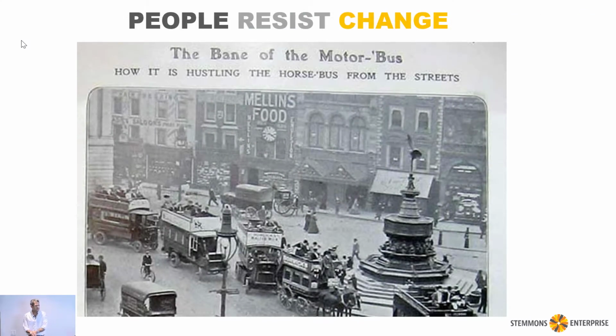So this is a picture that was getting very upset about buses. Right? And it was talking about how much better horse-drawn transportation is. Now, we all know, I would like to think we know, that the advent of the automobile and buses for that matter have radically improved society, right?